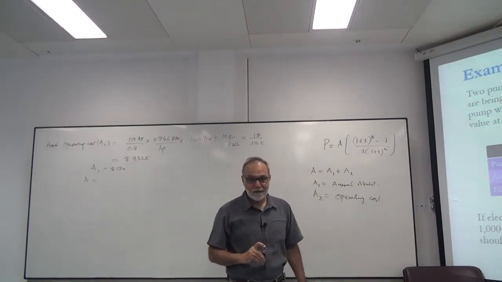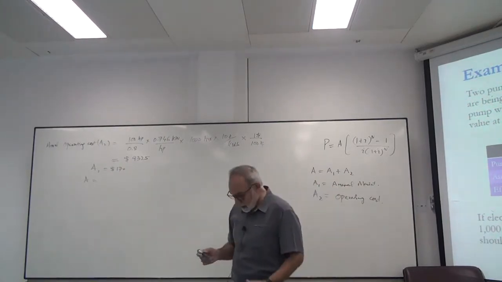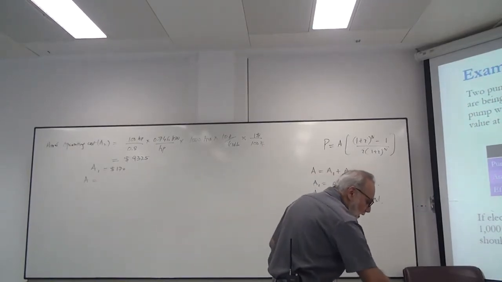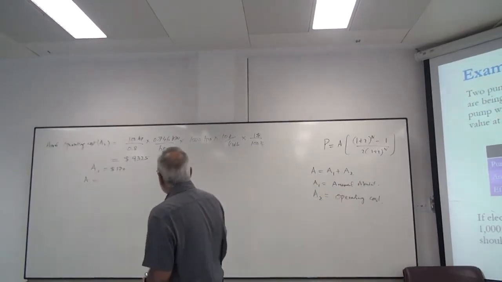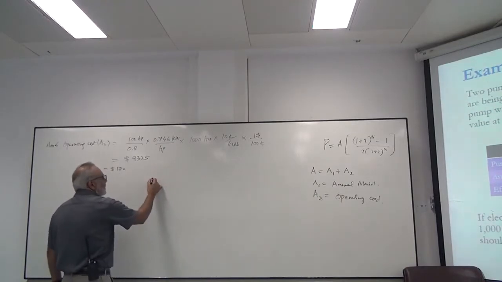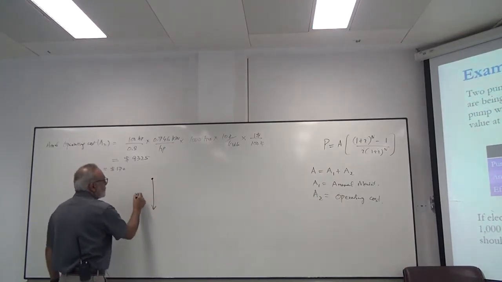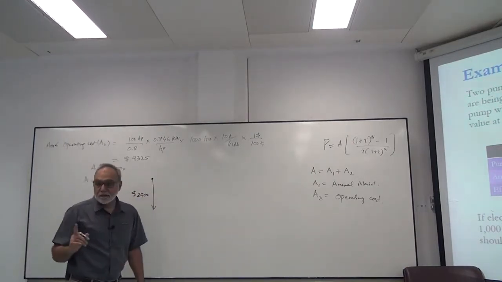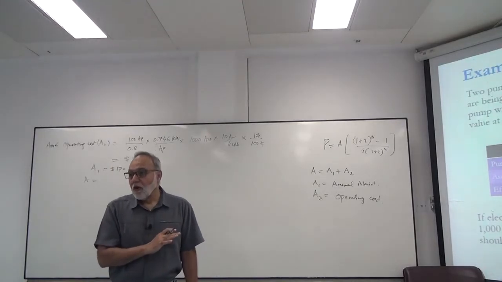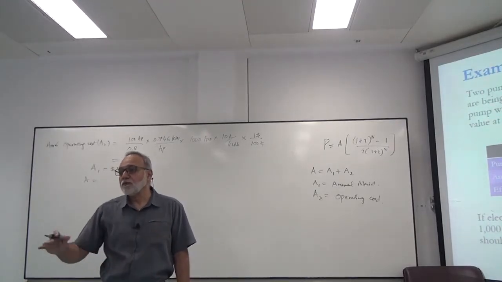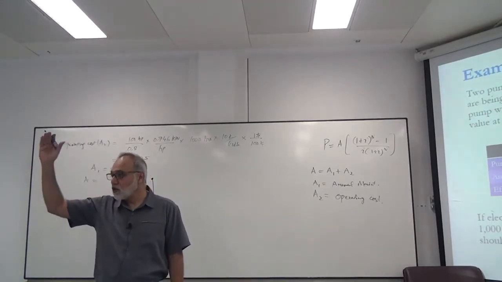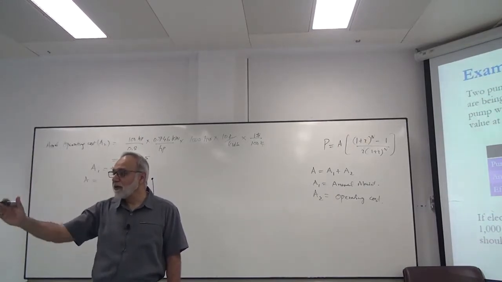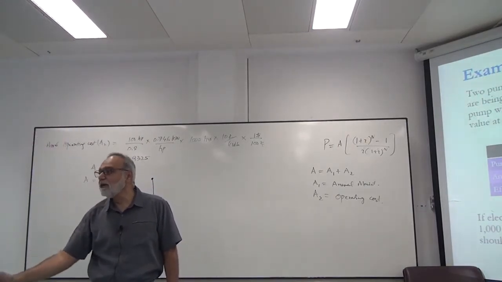Can you explain the cash flow, please, if you don't mind? Yes, please. The cash flow diagram can be drawn like that. We have initial price, which is $2,900. Remember that the pump is operating throughout the year, but we will assume that the operating cost occurs at the end of the year.